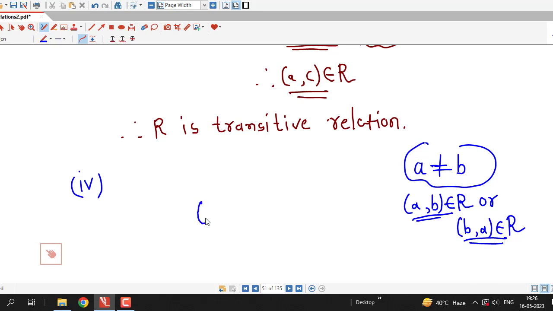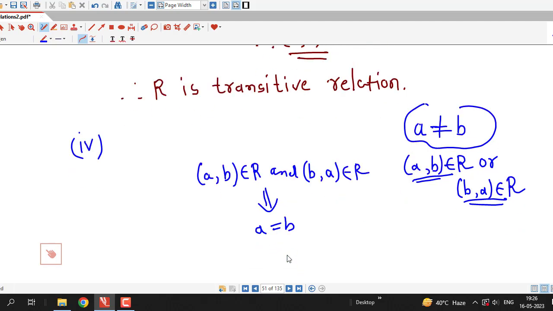In other words, suppose we have AB belongs to R and BA belongs to R, then we must have A equal to B. So there are two equivalent ways to check antisymmetry.